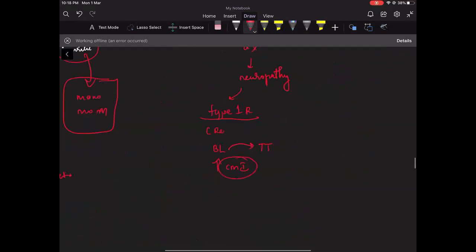The patient will have more release of cytokines, and then there will be exacerbation of both rash and neuropathy in this type, which we typically see in type 1 reaction.